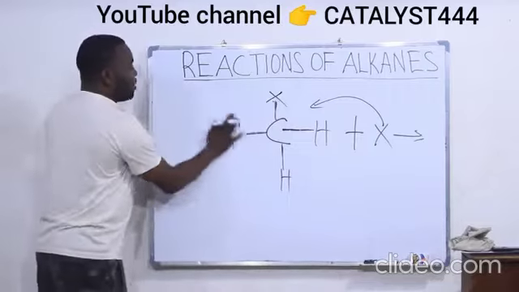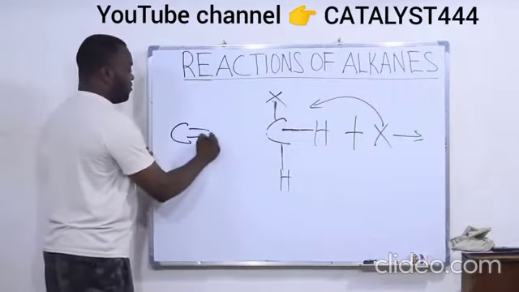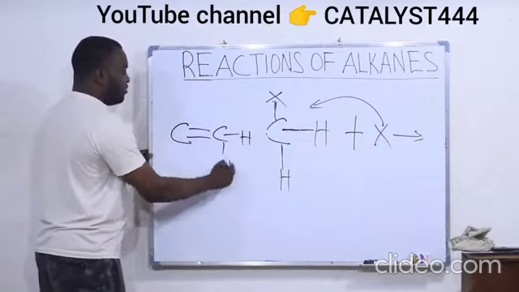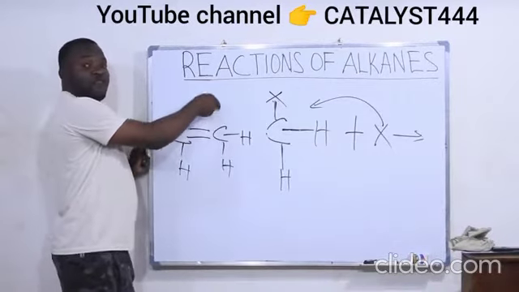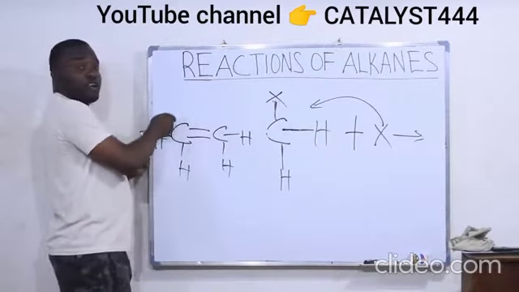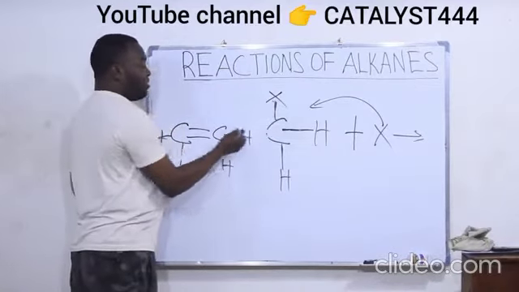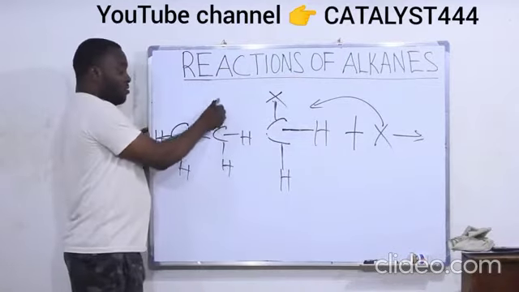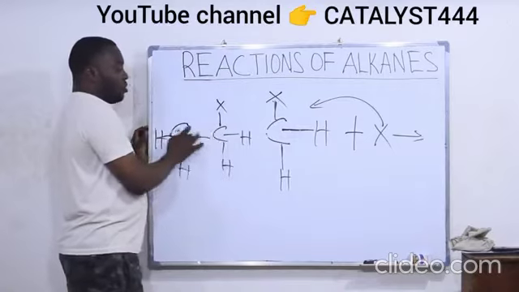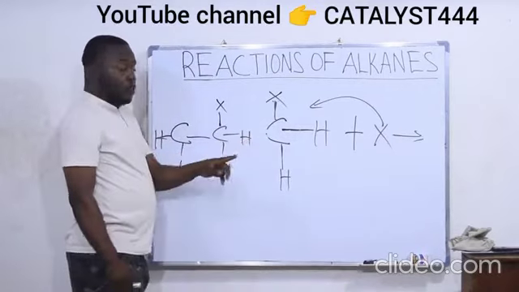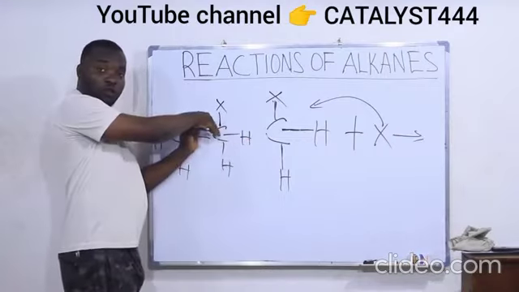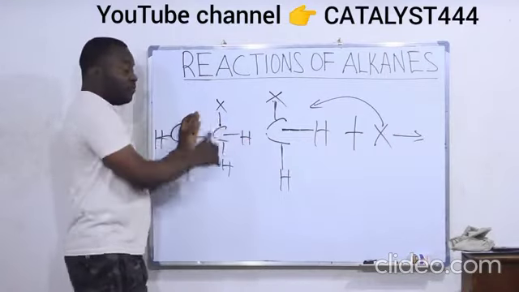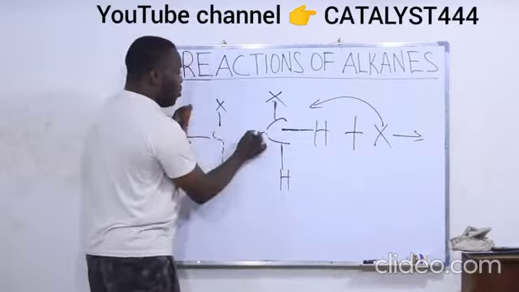Assuming you have a compound that is not saturated, something like this, you discover that in this compound, this place is vacant. This place is also vacant. So any incoming person has a place to stay. It can stay here. In that case, we don't need to remove an H before bringing in that person. This one is addition. A new substance can add. But in this case, there is no vacant space.